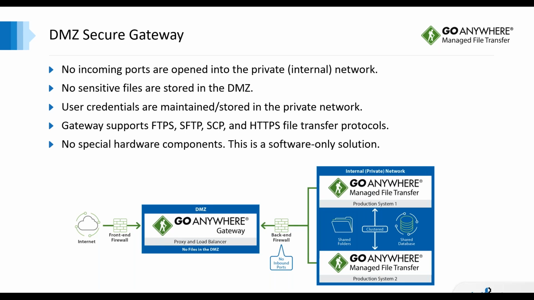In the secure file transfer or managed file transfer world, it's a similar concept. You've got the gateway that shields your external connections from your internal environment, and all of those services that you're hosting by GoAnywhere can be published by the GoAnywhere gateway.